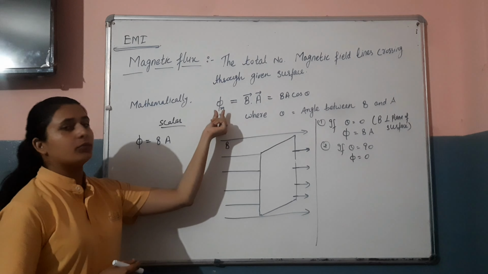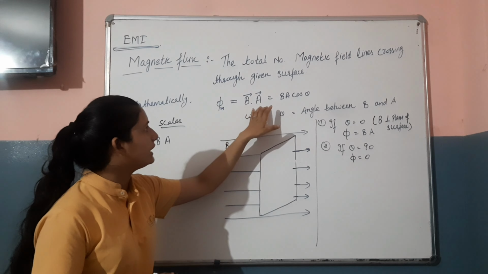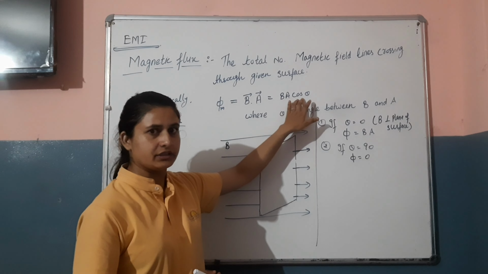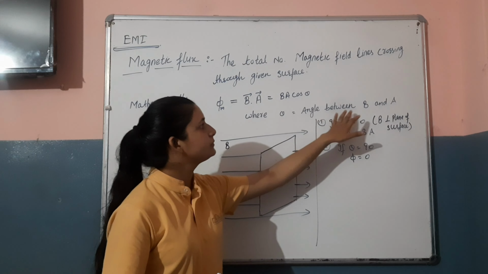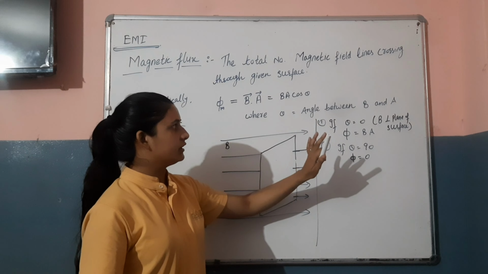Mathematically, the formula is: flux is equal to the dot product of magnetic field and surface area, and in scalar form, BA cos theta. Theta is the angle between magnetic field and area. So there are two cases.